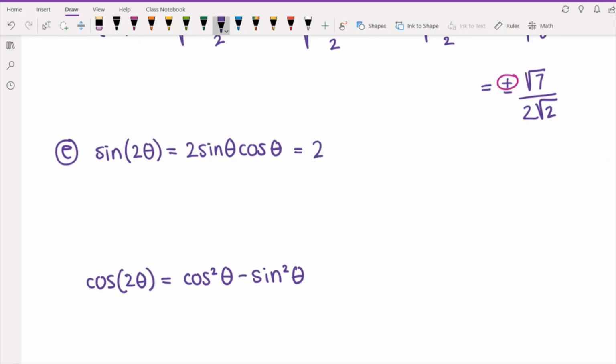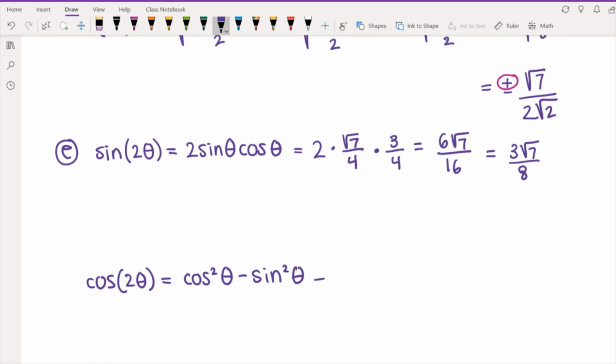So we know that sine of theta, we already figured out that that was square root of 7 over 4. We already figured out that cosine of theta was 3/4. And so if we put this all together, we're going to get 6 root 7 over 16. And that can be reduced to 3 root 7 over 8.